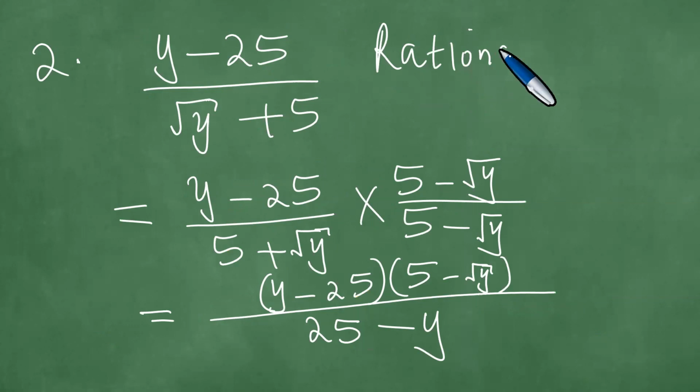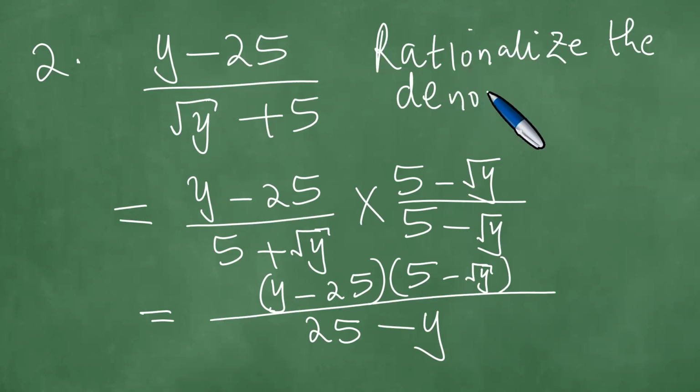Rationalize the what? The denominator. Okay, you can use difference of two squares from the beginning. But how do you suggest we do that, Tando? There are many ways to do it, but how would you suggest to do it? Or how would the answer look?